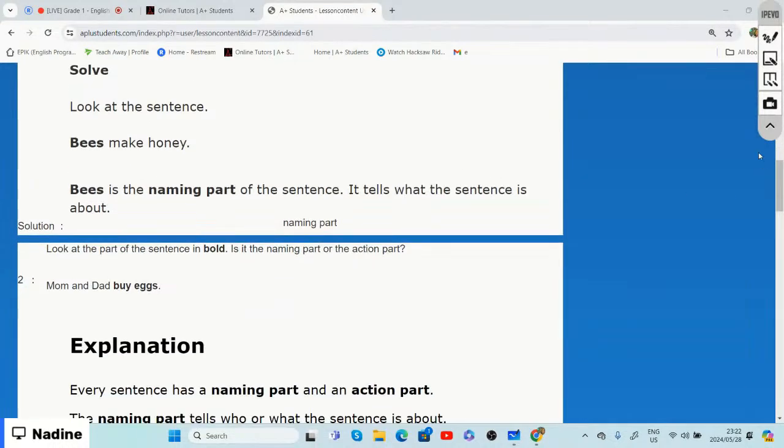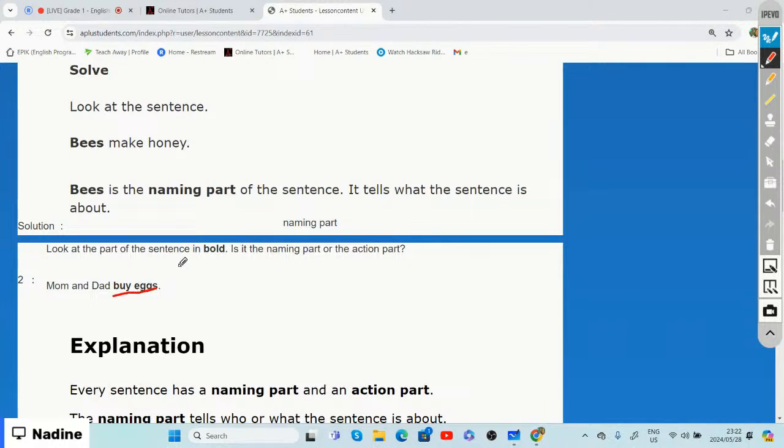All right. Mom and dad buy eggs. So we need to look at these words, buy eggs. Is this a naming part or an action part?